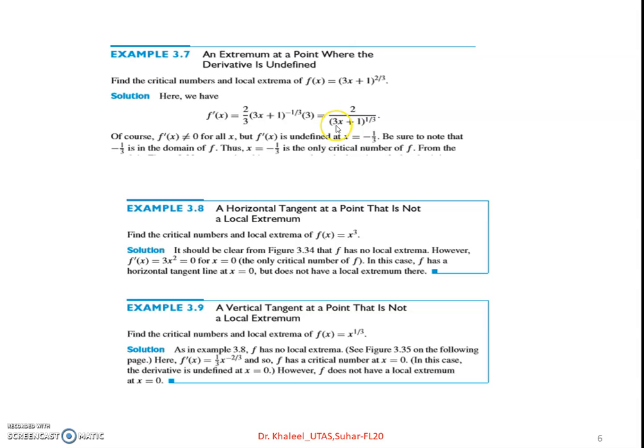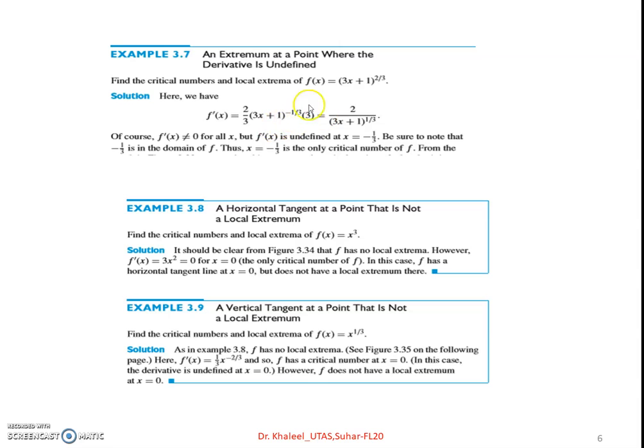Therefore, I put 3x plus 1 equal to 0, then I get x equal to -1/3. So, when x is equal to -1/3, f prime of x is undefined. Therefore, x equal to -1/3 is the critical number, and note that this is in the domain of f.